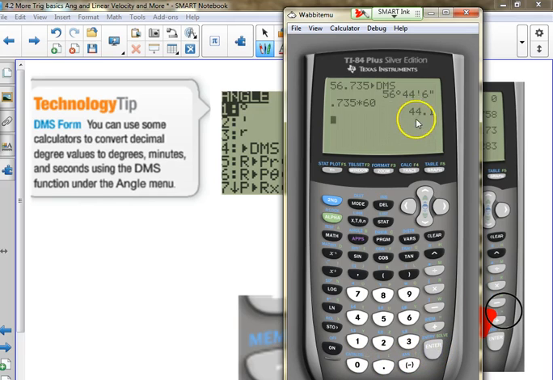So I'm going to multiply by 60 and get 44 minutes. And then that decimal, that 0.1, is another part, but it's now a part of a minute, which is seconds. So I would take that times 60 again and get 6. So that's how I would have done 56, 44, and 6 the old way. But you're all going to be happily using your calculator, yes? Okay.